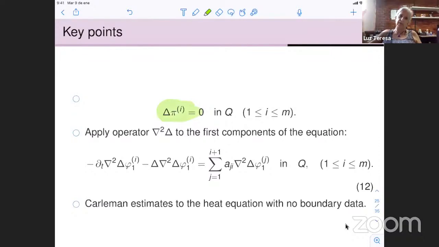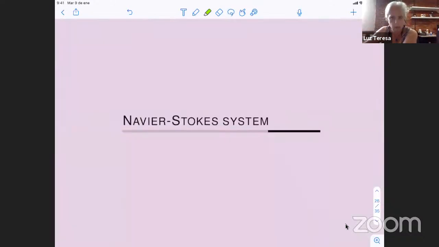And then in our situation, we need to use a larger order operator than the case of only one equation, but you can do that. And you will have again, like heat equation. Then you can use Carleman inequalities for this heat equation, again with no boundary data, and you solve the problem.